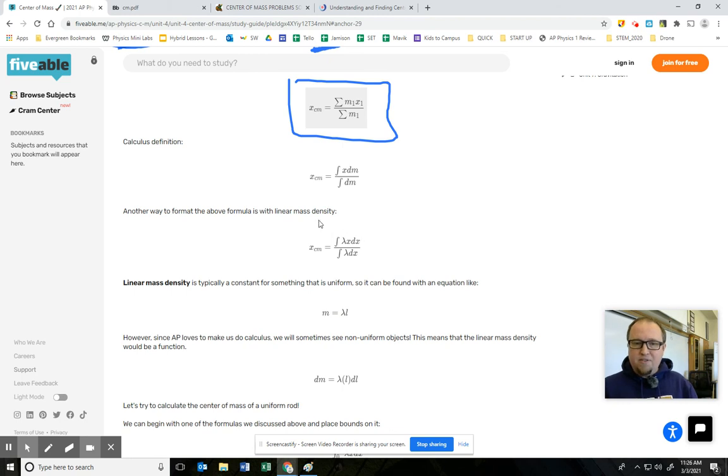And if they gave you a density equation of density equals mass over length, you would say, knowing that, I could define my mass in terms of density times where I'm at. And so that's where this comes from. Call this your linear mass density.